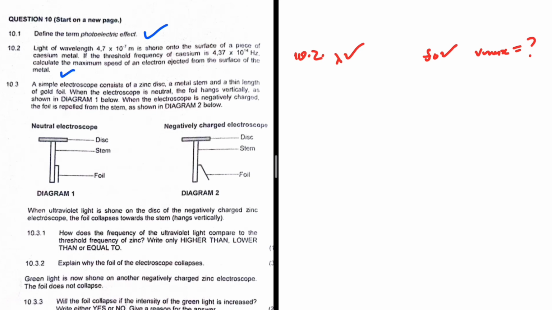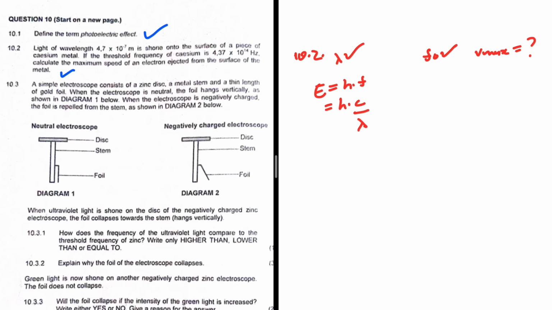max? Well, we know that E is equal to Planck's constant h multiplied by the frequency. But if you don't have the frequency and you have the wavelength, you can just use c divided by wavelength, c being the speed of light. So that is the energy.